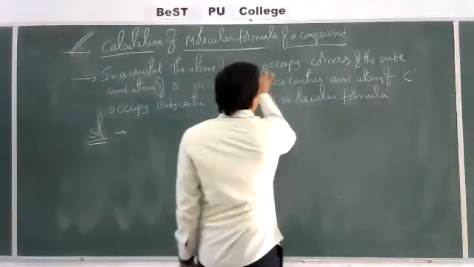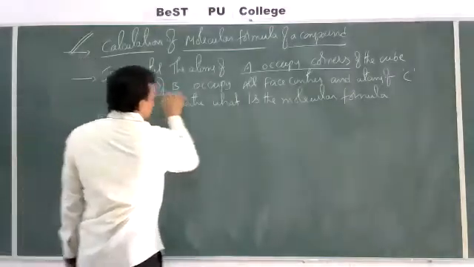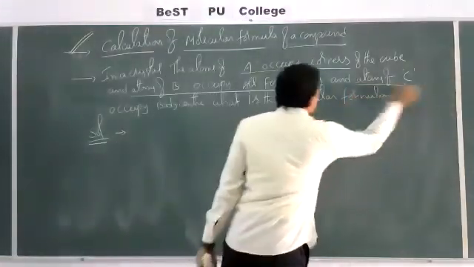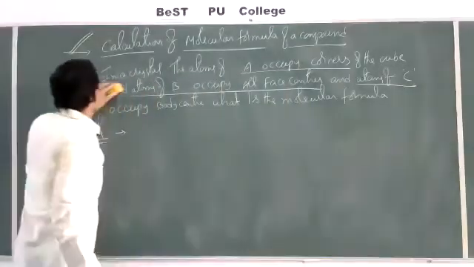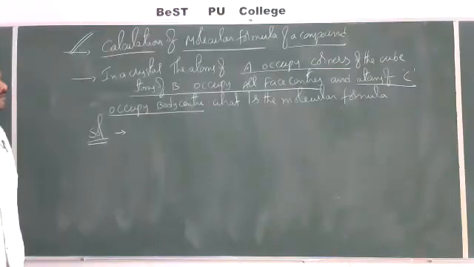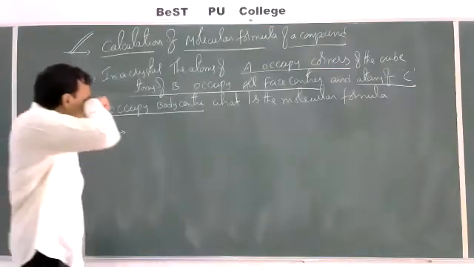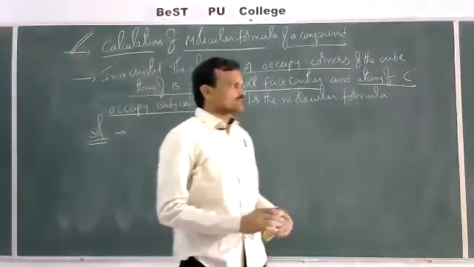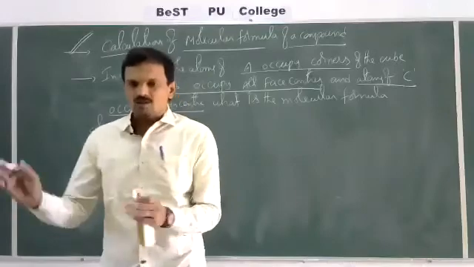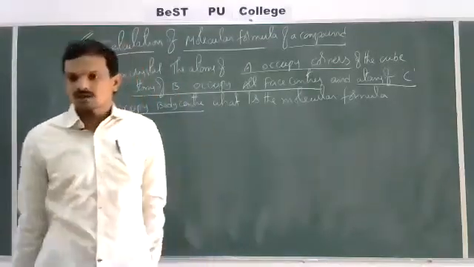Atoms of A occupy corners, atoms of B occupy all face centers, and atoms of C occupy the body center. Then what is the molecular formula? In a question like this, first we should calculate the number of atoms of all types of particles. By representing them, we can get the molecular formula.